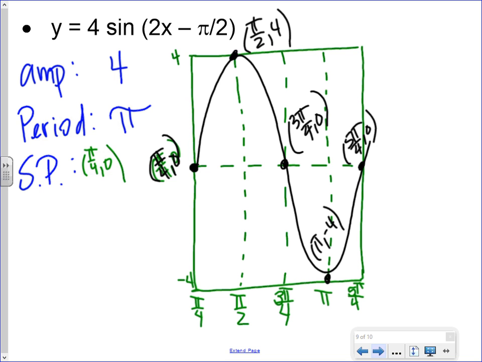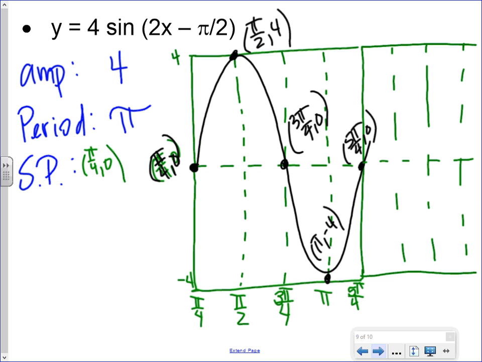Okay, so your first period, nice, pretty, labeled, okay? If you're going to draw a second period, then all I want you to do is draw your frame a second time. Mine's kind of squished in there, but bear with me here. And then just keep the pattern going, but you don't actually have to label the second period. Okay? It's more of just what would it look like if it kept on going.